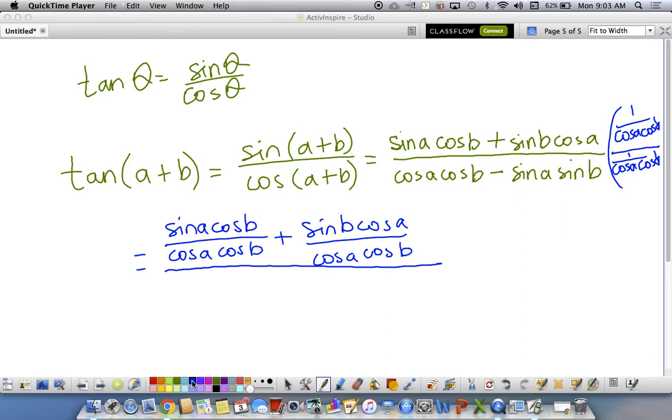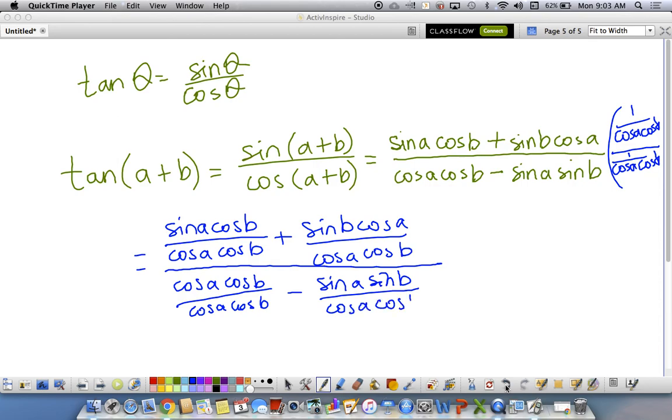What about my denominator? Cosine A cosine B divided by cosine A cosine B, minus sine A sine B divided by cosine A cosine B. This is one time we will do this.